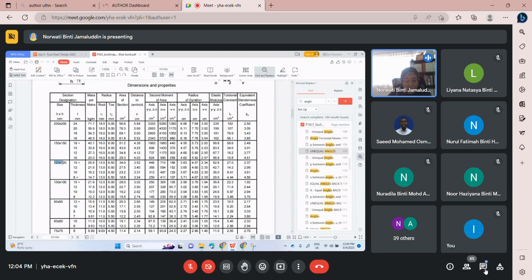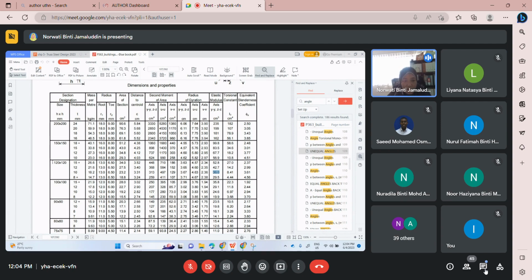You have to go a little bit bigger. So 120 times 120, and the minimum thickness you can go is 10, because the elastic modulus for 10 mm thickness is 36, which is slightly bigger than 31, the minimum value that you just calculated.